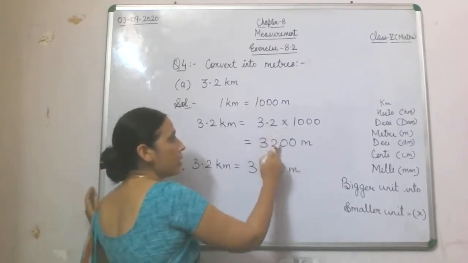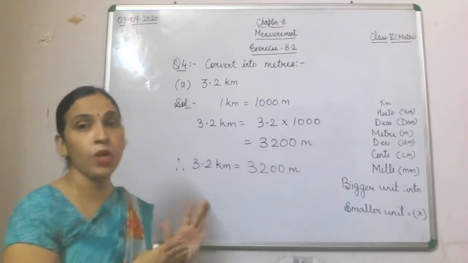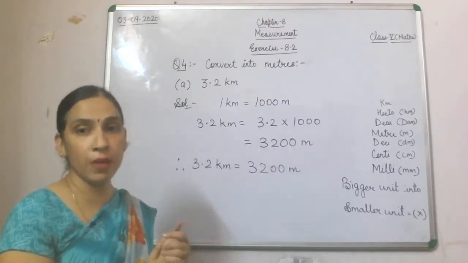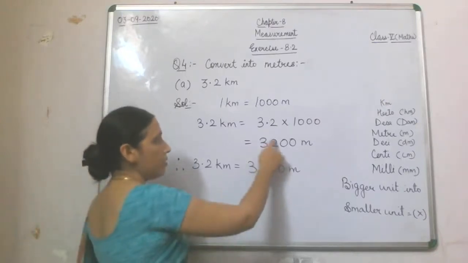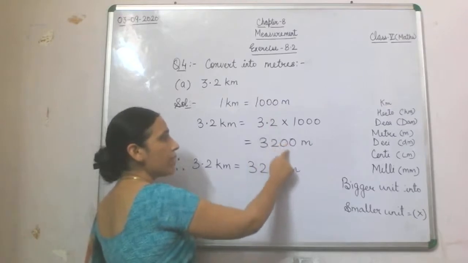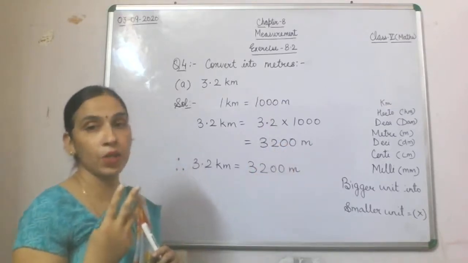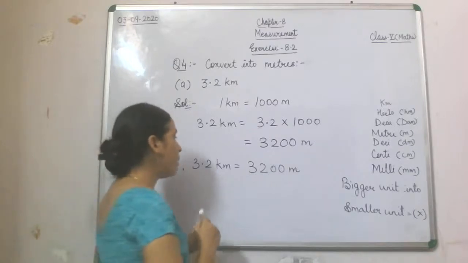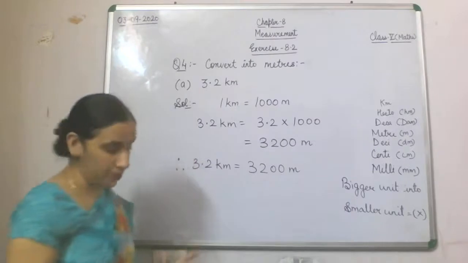Now 1, then 2 zeros are going to take the place of the rest of the 2 decimal places. So we'll remove the decimal and add 2 more zeros to complete 3 places. Fine. So here the answer is 3200 meter.